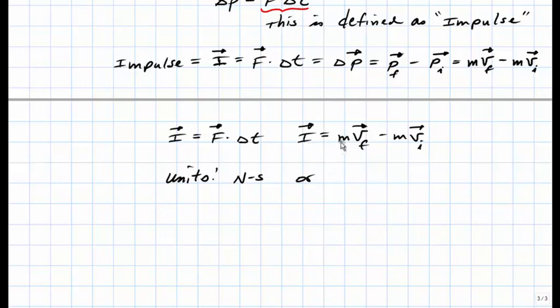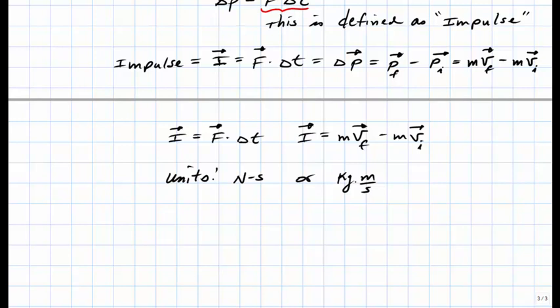In other words, impulse equals mass times velocity, and mass, of course, is specified in units of kilograms and velocity specified as meters per second. And so that is the alternate unit, a kilogram meter per second. And by the way, it's important to note that this is the same unit that we use to describe momentum, because impulse and momentum are directly related to one another. So we have the freedom of either using the Newton second to describe impulse, or we can use a kilogram meter per second to describe impulse.